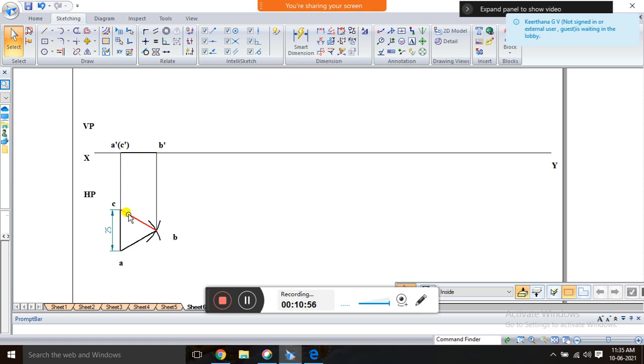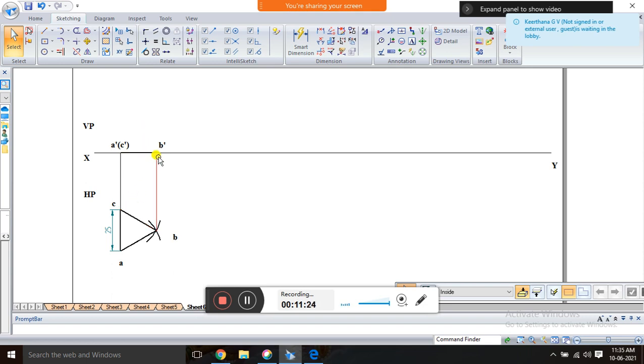It is with respect to HP, so it appears in VP. I told you, whatever angle or distance is given for HP appears for VP, and whatever is given for VP appears for HP. So here it is an HP inclination of 60 degrees, means this line is at 60 degrees.